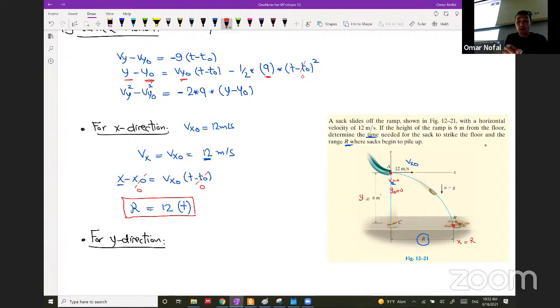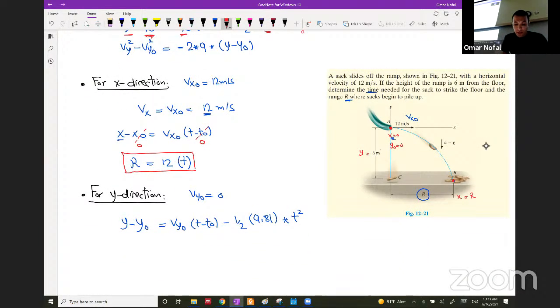So let's put this equation here. Y minus Y node will be equal to Vy node times t minus t node, plus 1 over 2 multiplied by 9.81, multiplied by T squared.